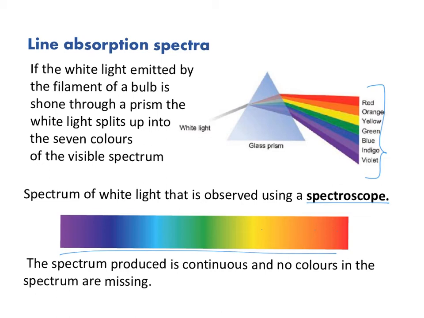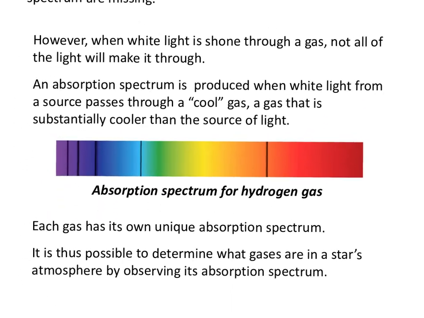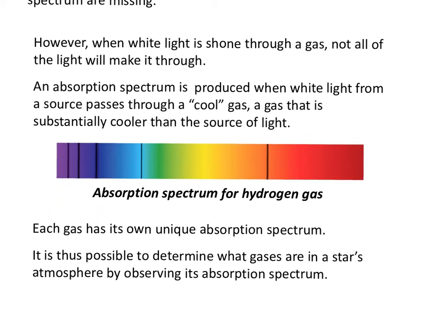Now when we pass light through a gas, that gas absorbs some of it. So if we take white light and pass it through hydrogen gas, we get what is known as an absorption spectrum. And what happens is certain colors get absorbed.